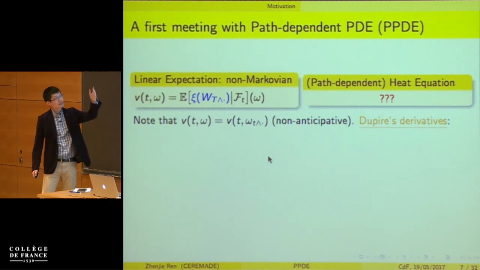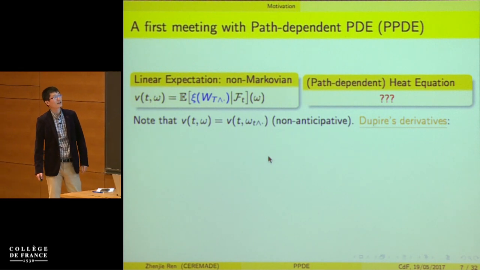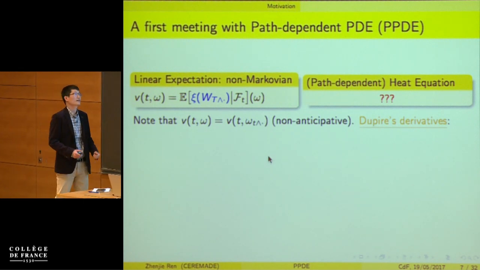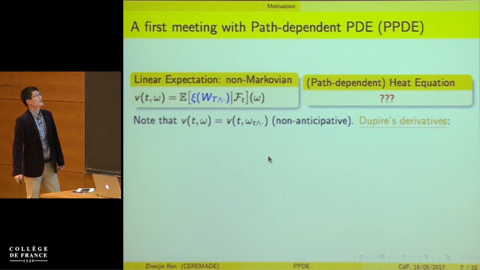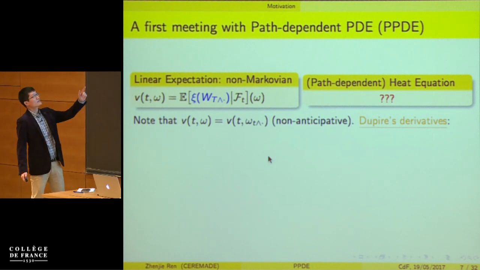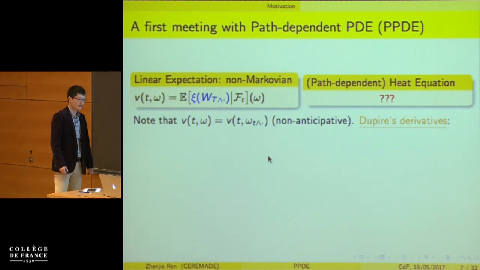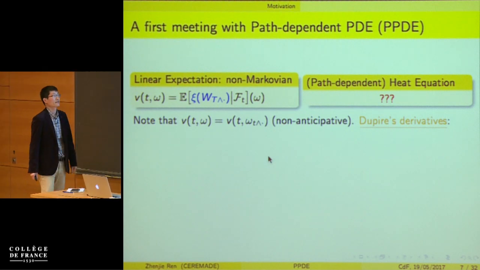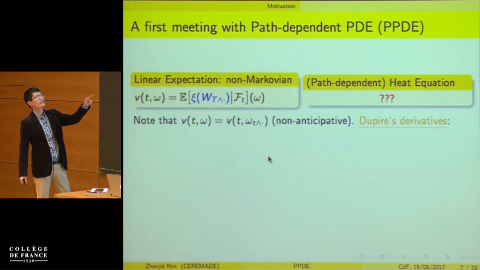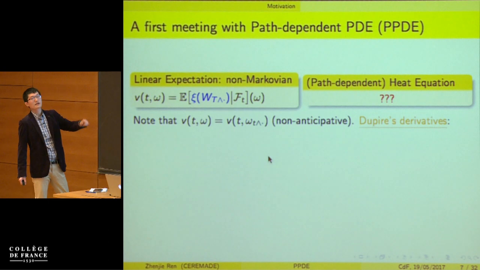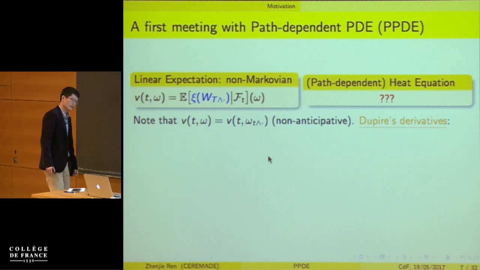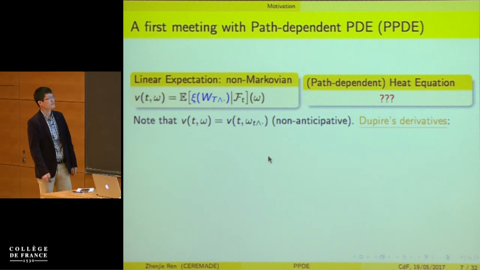We want to state the corresponding path-dependent heat equation, and until now, we don't know how to write it. Here is the first observation. The value function V is non-anticipative in the sense that the value of V depends on the path, but only depends on the path until time t, because the conditional expectation is adapted to the filtration.